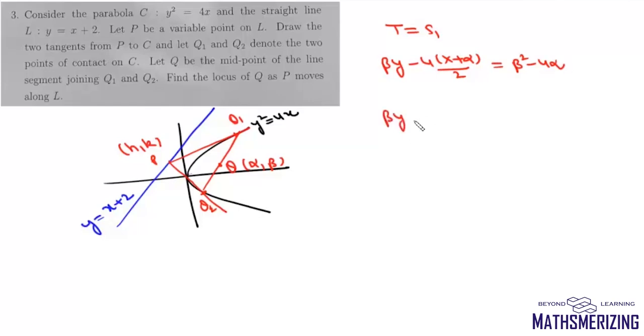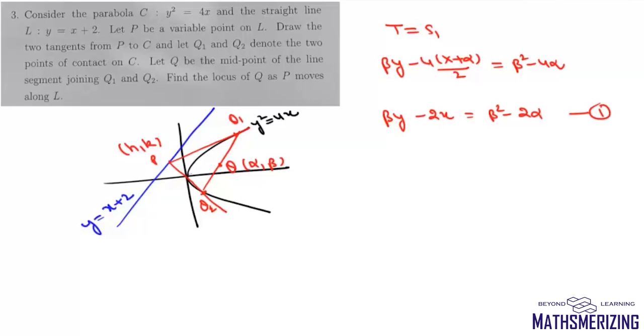So we can write this as beta y minus 2x, and it will be equal to beta square minus 2 alpha, and that's our first equation.